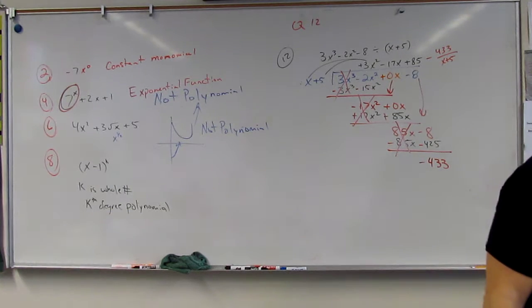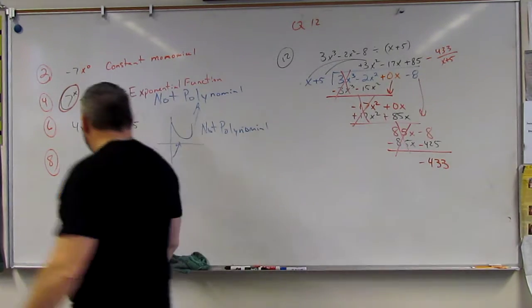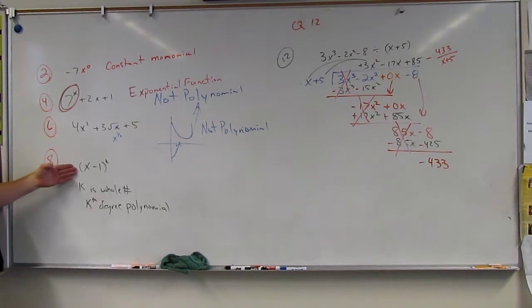Why is the last one a polynomial? I thought polys are only more than 3. Oh, no, polys are not only more than 3.